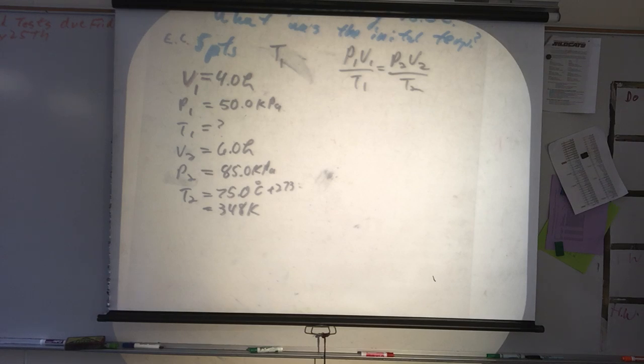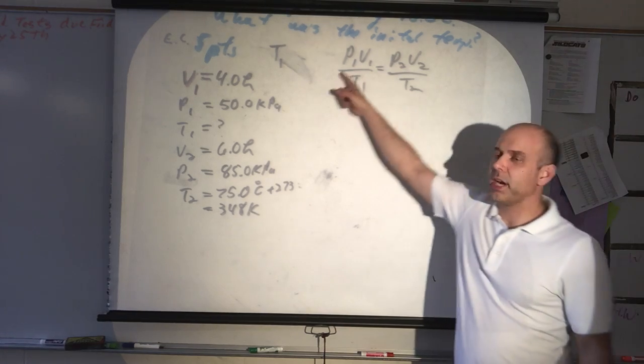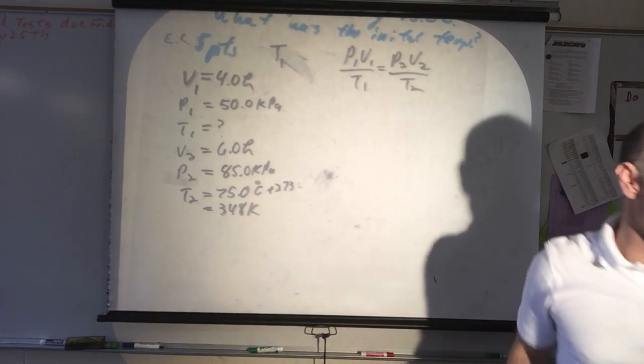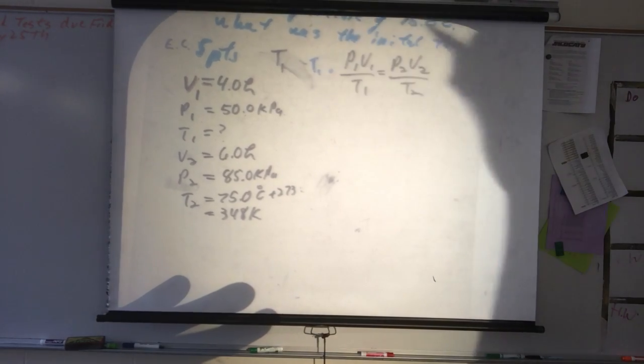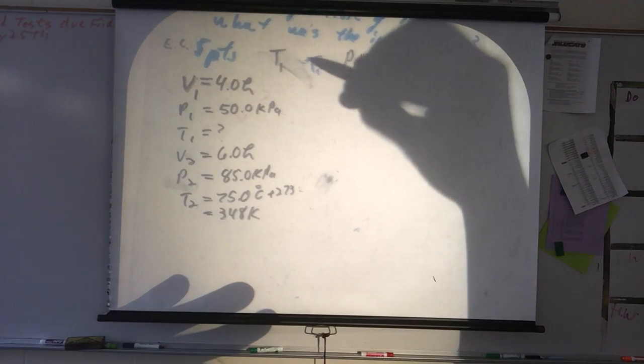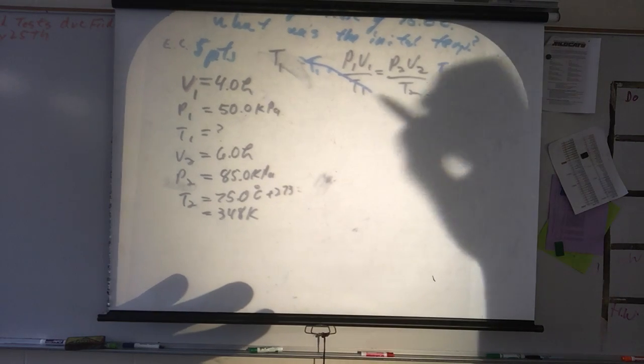And now you got to do the algebra. In order to get T1 by itself, I'm going to first multiply both sides by T1 to cancel out the T1s.